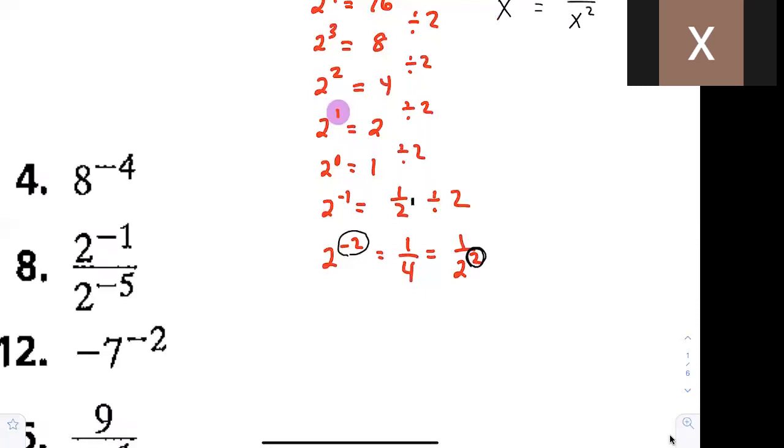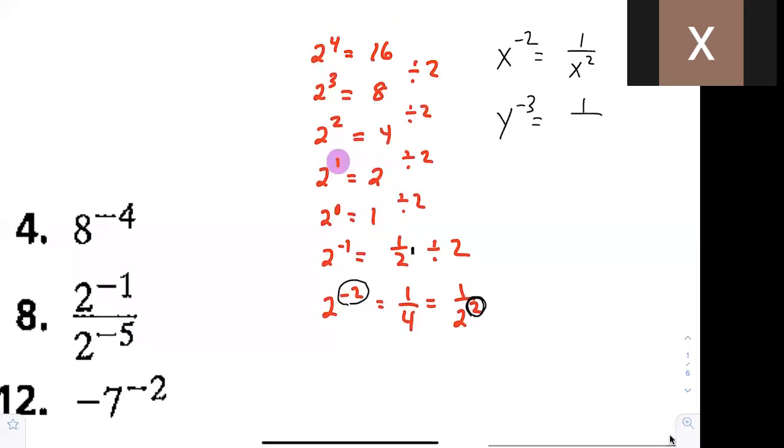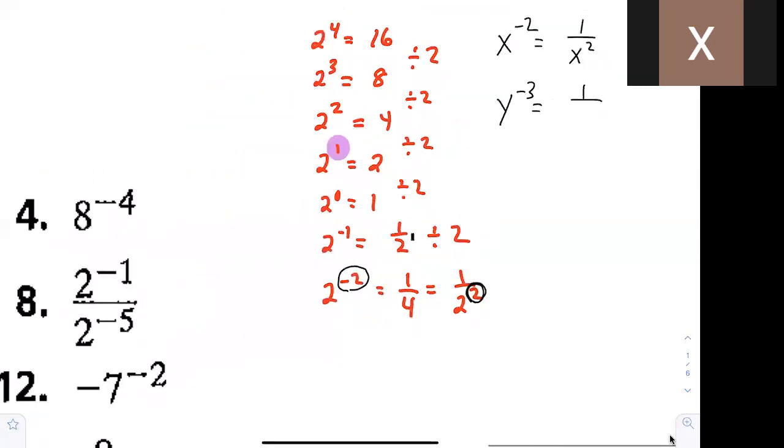If I said, you don't have to write this down, you're just paying attention. If I said y to the negative 3, you would simply say that's the same as? Come on. 1 over y cubed. I'm using variables now, not numbers. 1 over x? No, this is a y.